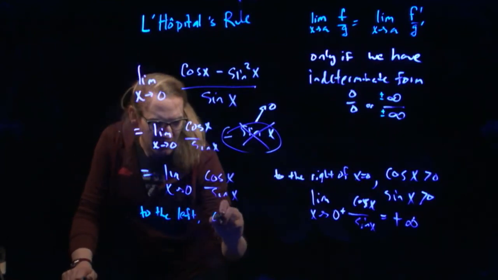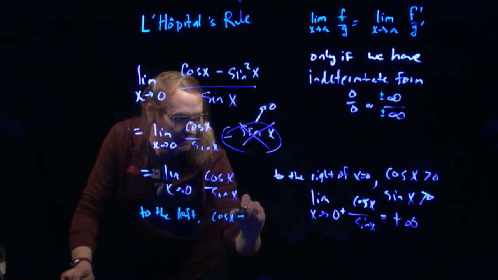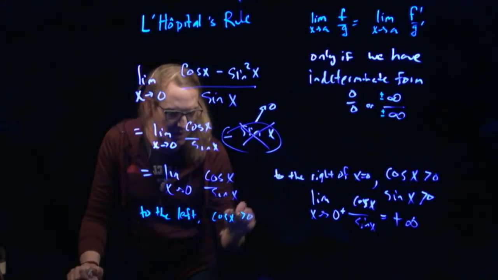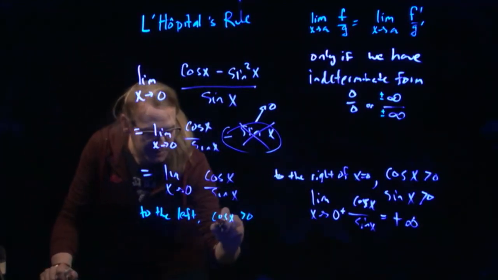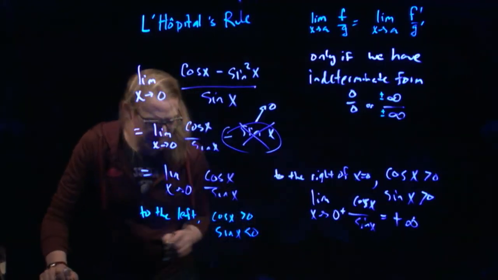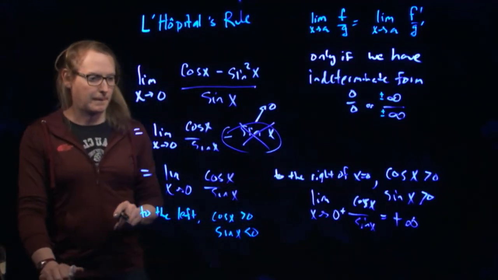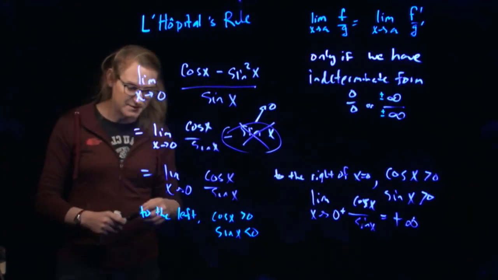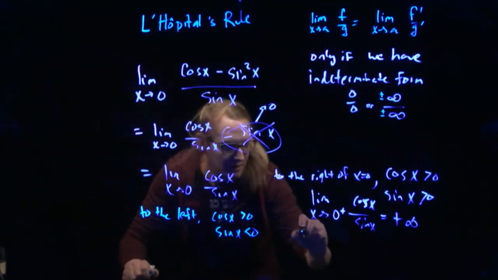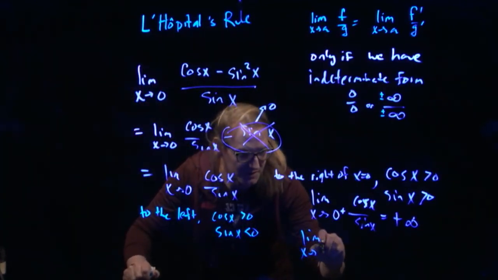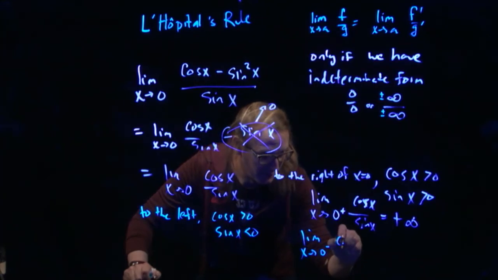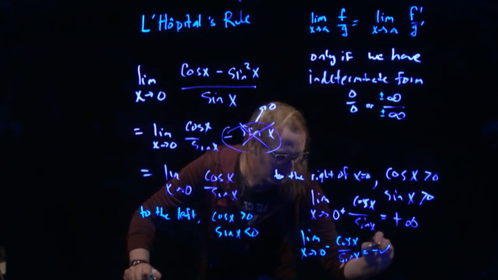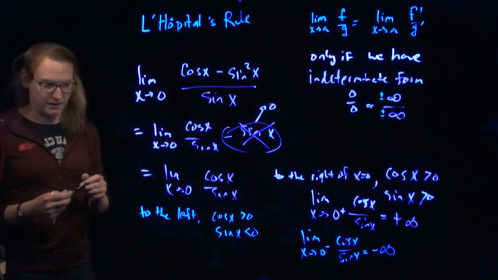To the left, cosine of x is bigger than 0, but sine of x is less than 0. So I've got some fixed number over some negative, very small number. So the limit as x approaches 0 from the left of cos x over sine x is equal to negative infinity.